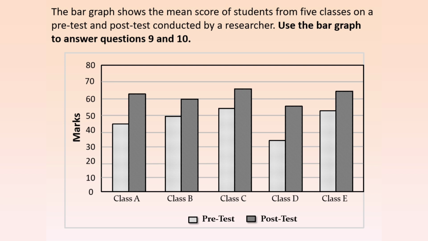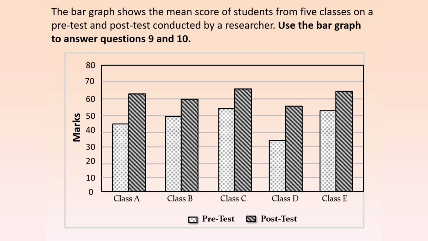If you want to know where exactly they perform better, look at this graph and compare each of the classes, the pre-test and post-test. If you look at class A, the difference between the score they got in the pre-test and the mark they obtained in the post-test will not be all that wide. But let's look at class D. In the pre-test, the students scored above 30, but in the post-test, they scored above 50, getting to 60.